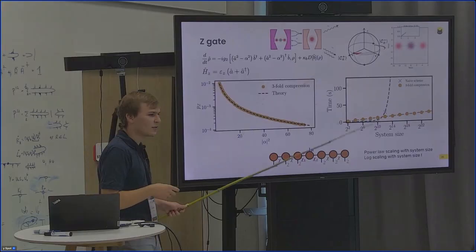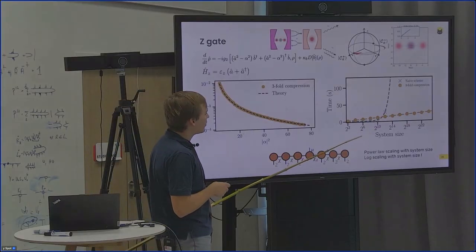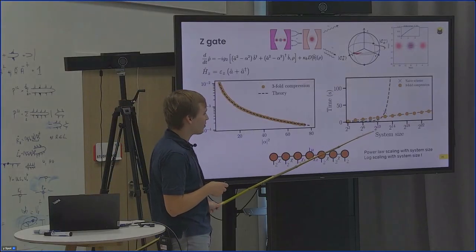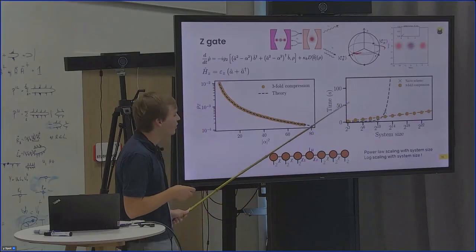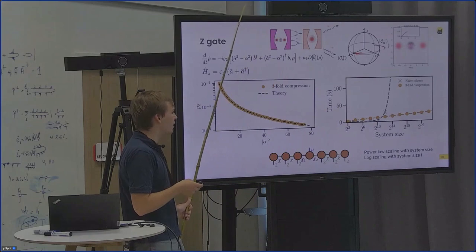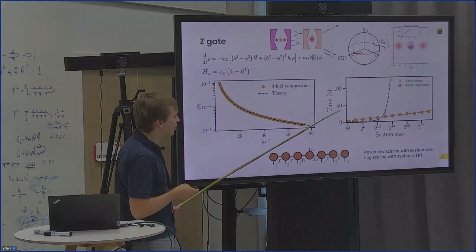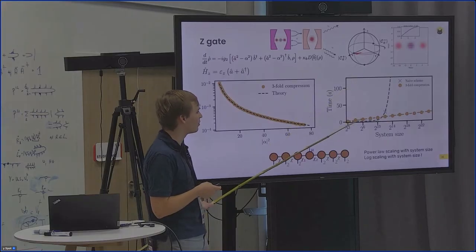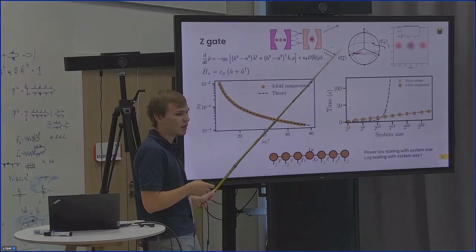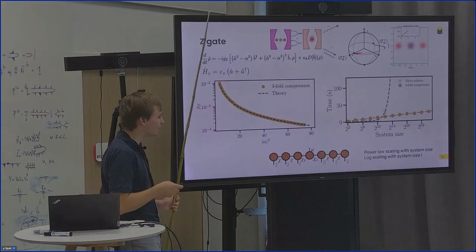More importantly, if you look at the time it takes to do the simulation depending on the system size, you see that with a naive scheme the simulation time increases as a power law of the system size. Since the x-axis is in log scale, you will just see an exponential. At some point the simulation time will just explode and you cannot do anything anymore.